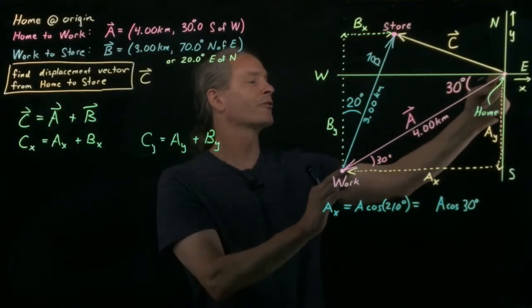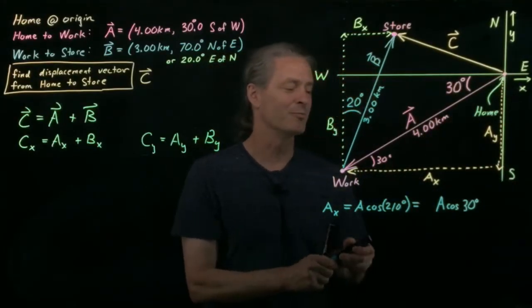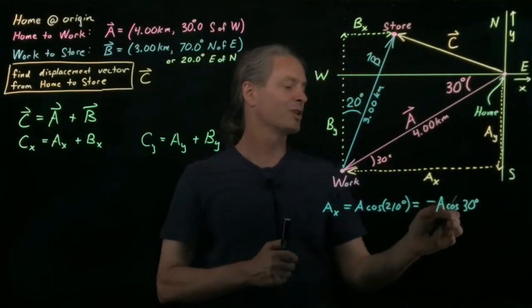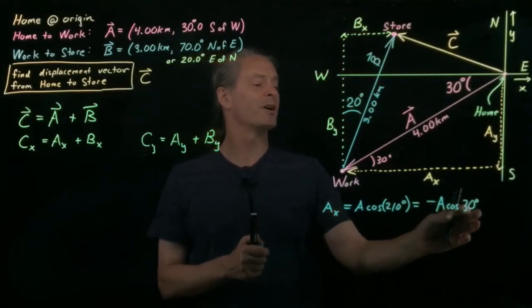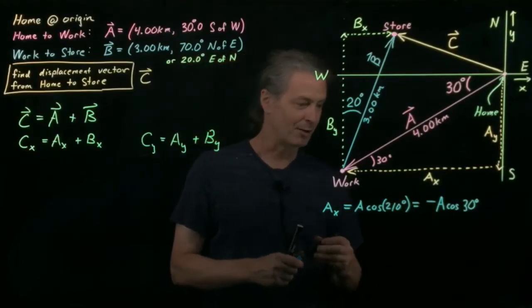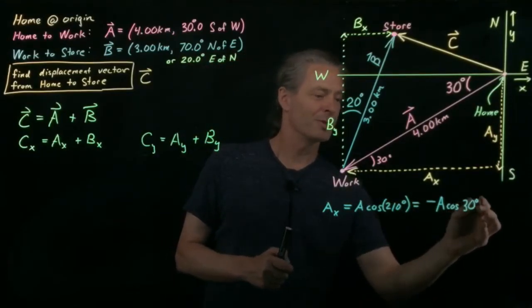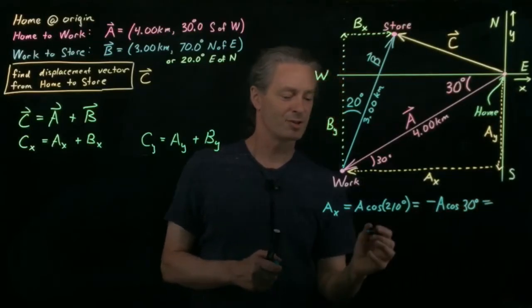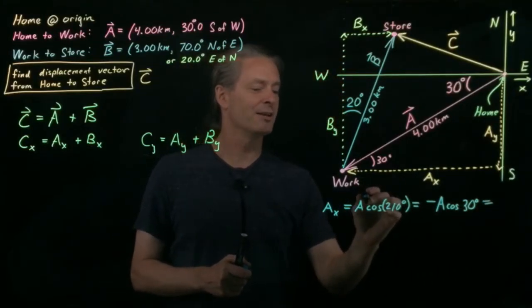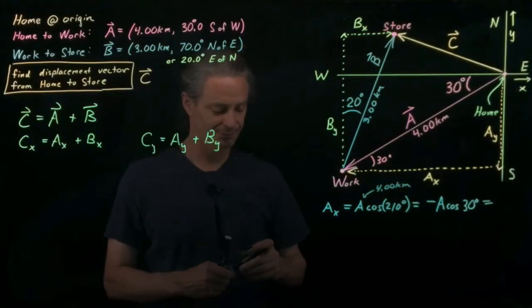But looking at going from here to here, that's a negative x component, so I need to put the minus sign in by hand. Cosine of 30 degrees is going to be a positive number, so I need to put this minus sign in by hand. All right, so I can calculate that number. We'll do that in a moment. And let me just remind ourselves that this A is 4.00 kilometers.